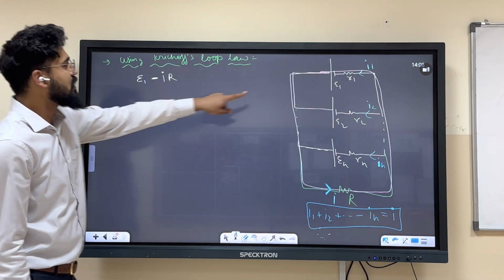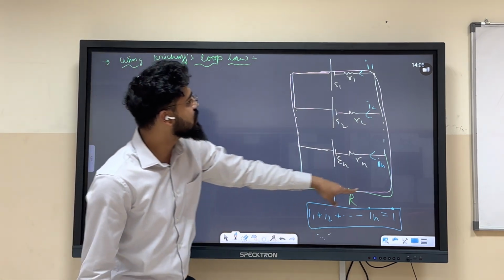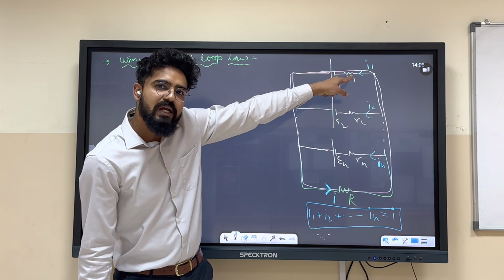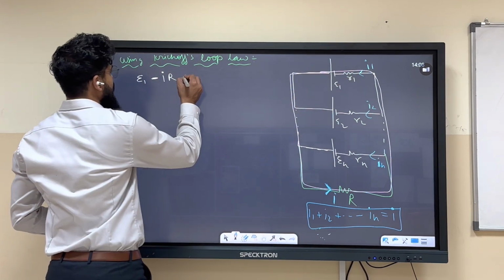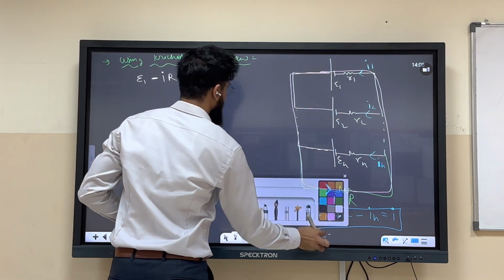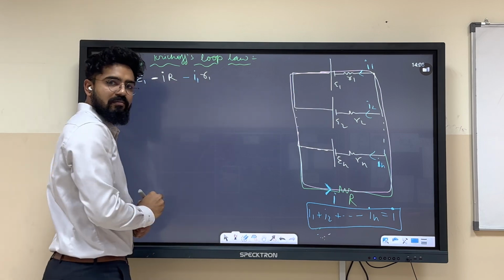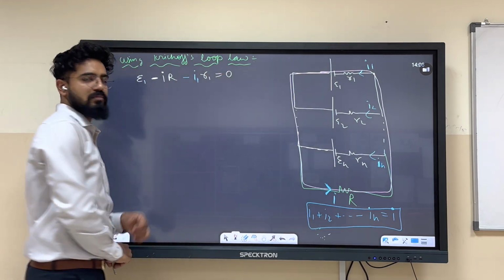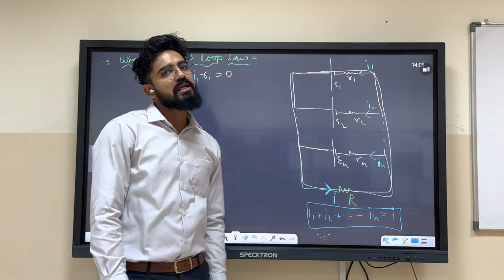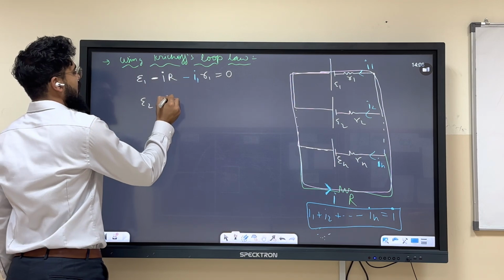So E1 minus IR. Now we are reaching this internal resistance R1. Over here, what current is flowing? I1. So we should write minus I1 R1 equals 0. The algebraic sum should equal 0. Starting from here, if you come again here, it should be 0. Correct?